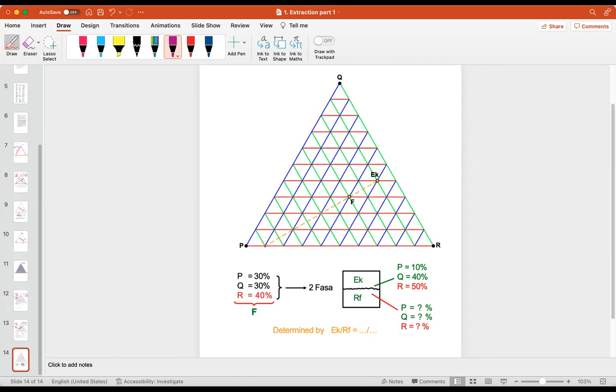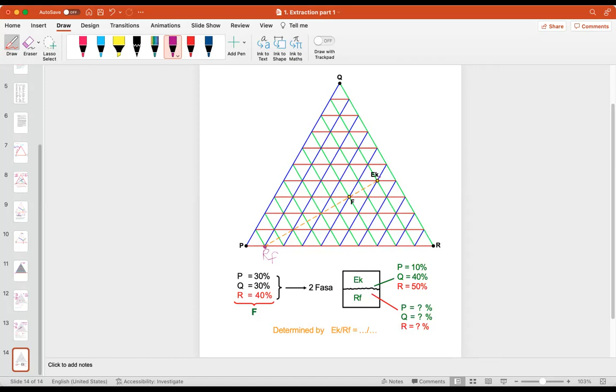So, for example, this is the raffinate, from the equilibrium composition. You should be able to read how much extract you have, and also what remaining raffinate you have. Can you read it here? So what is the extract here?